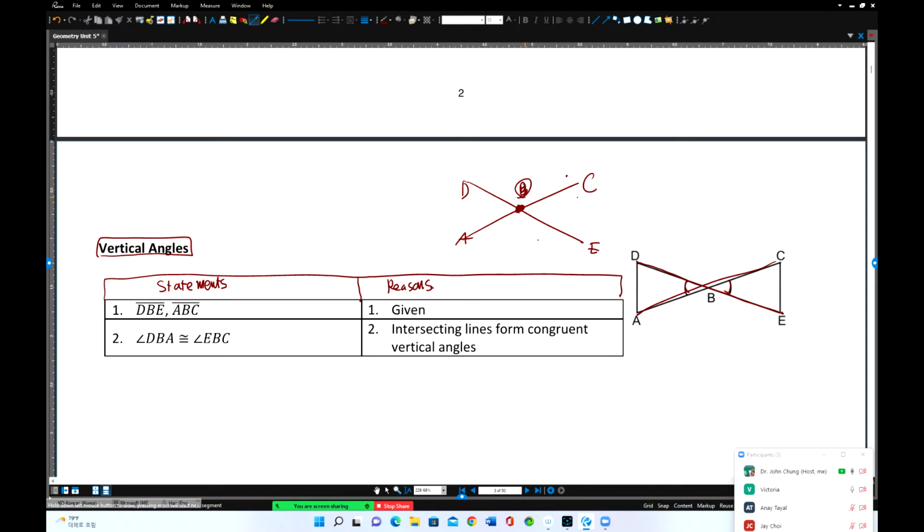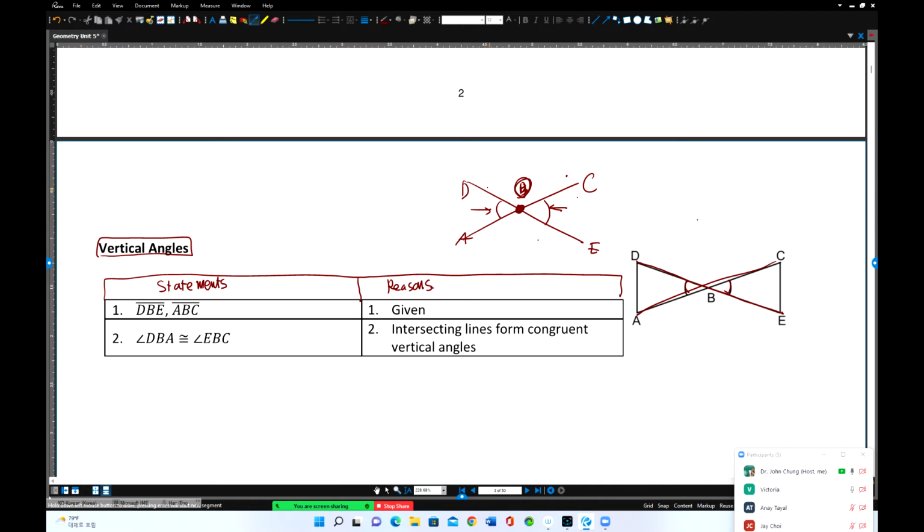Intersecting. If not intersecting, they will make right angles. Angles should be what? Intersecting point. So the opposite angle is called vertical angles. Using this one, because they are intersecting, you can say these two angles are congruent. We already know that.